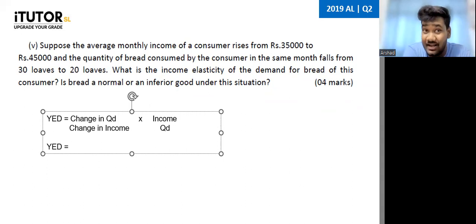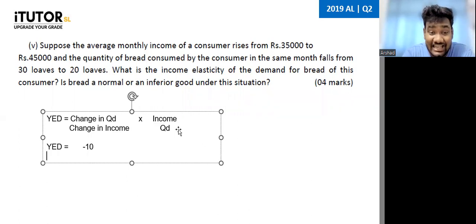So what is the change in quantity demanded? Please be very careful, plus and minus. 30 loaves is going to 20 loaves. So change in quantity demanded is minus 10. Change in income, 35 going to 45, plus 10,000. Multiplied by income. What did I tell you?